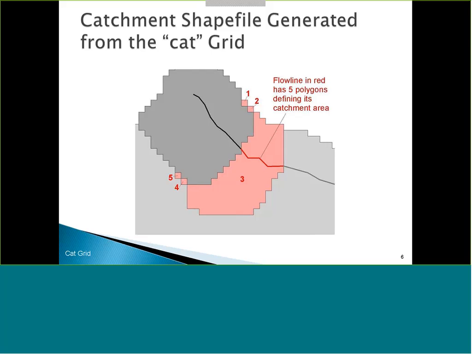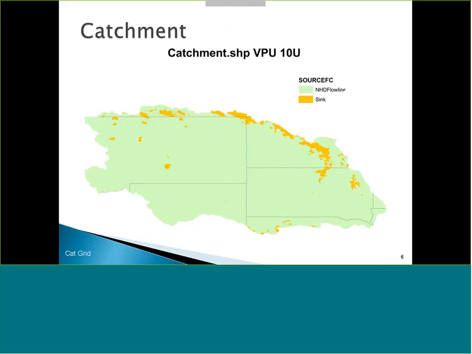By processing the data as multi-part polygons, these 5 polygons are combined into a single multi-part polygon feature. A catchment within either the CAT grid or the catchment shapefile can represent the drainage area to either an NHD flow line or to a sink that is isolated and not associated with a flow line.